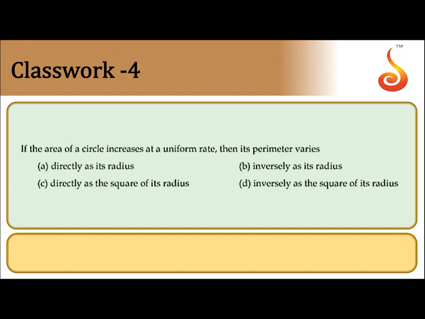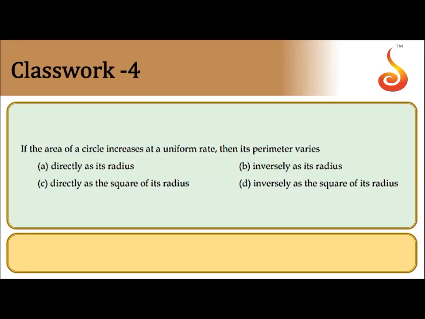Coming to the fourth one. The area of the circle increases at a uniform rate when the perimeter varies as. Let me consider here the area of the circle increases at a uniform rate.